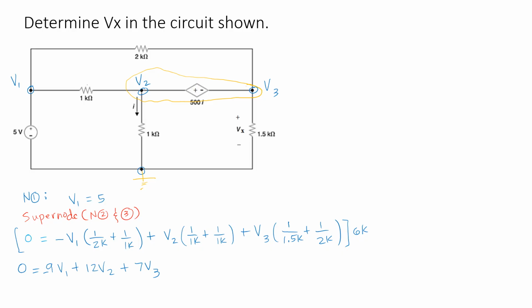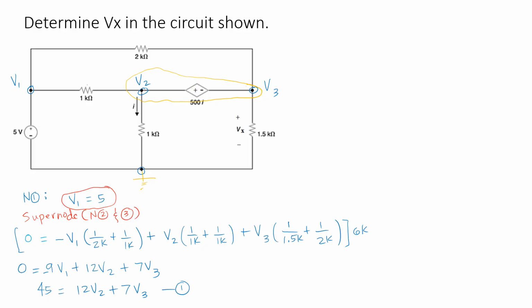If we substitute V1 here, which is our 5 volts, we are going to obtain the following equation, and that is 45 is equal to 12 V2 plus 7 V3. Let us call this equation number 1.